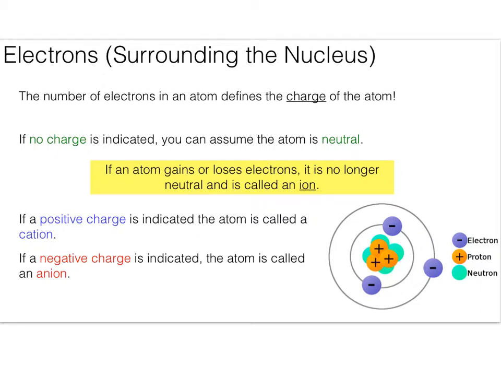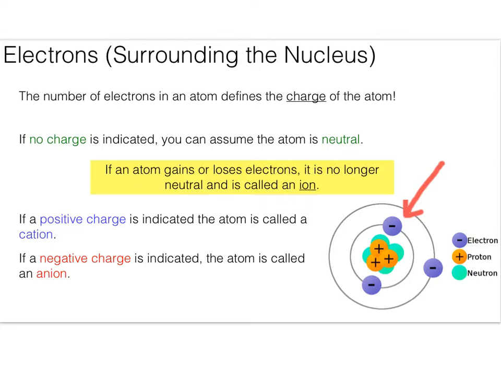However, for our intents and purposes, for simplicity's sake, for drawing, we are going to simply denote them as negatively charged particles that are floating out into space, perhaps even orbiting the center nucleus of protons and neutrons.